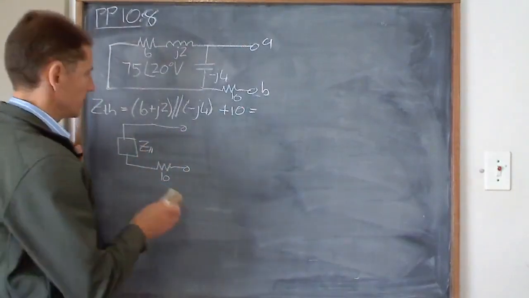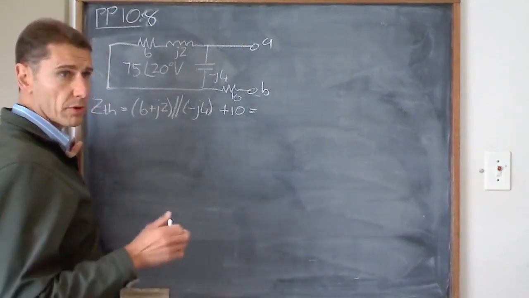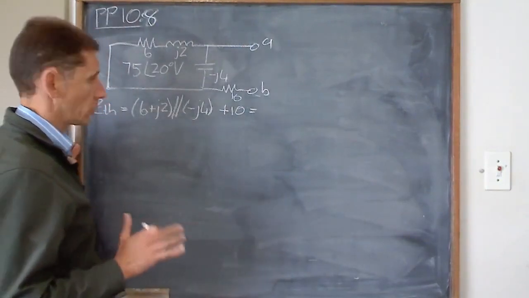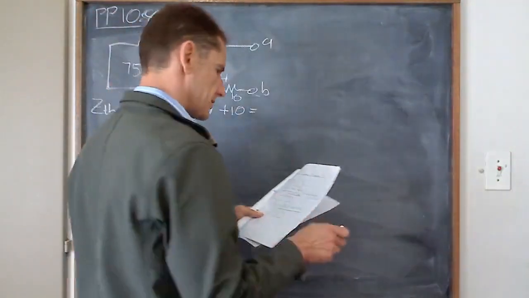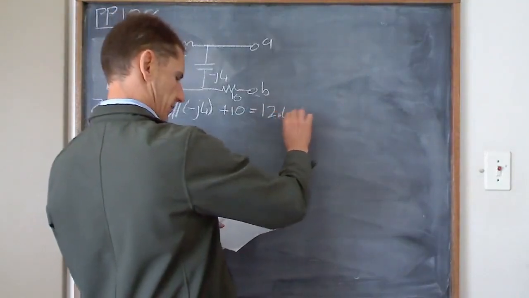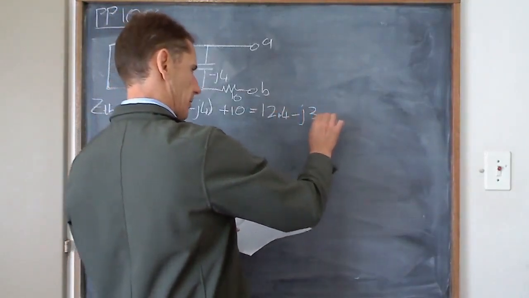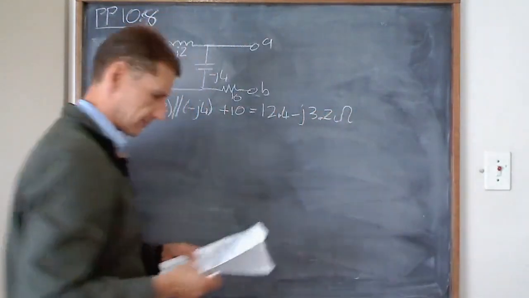Save time and be able to visualize that, but if you're not sure, rather draw it out. That impedance then gives you 12.4 minus j3.2, so it's still a dominantly capacitive load.